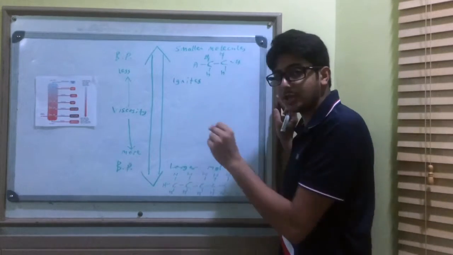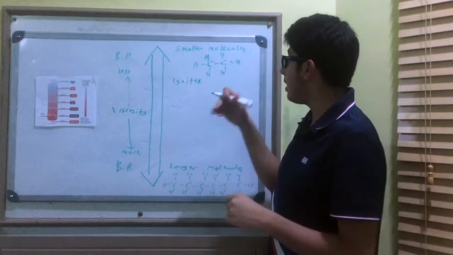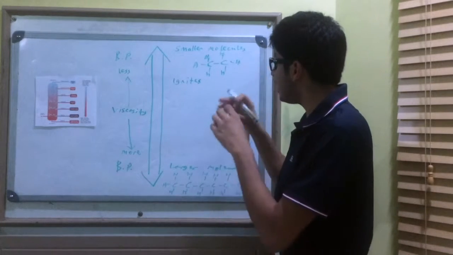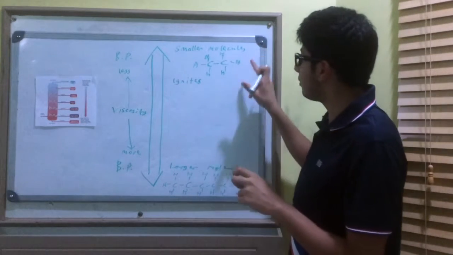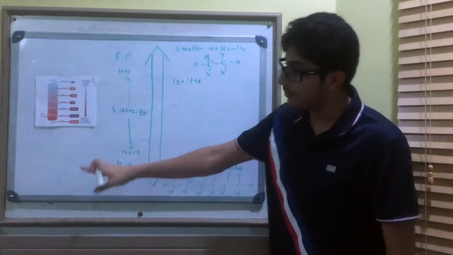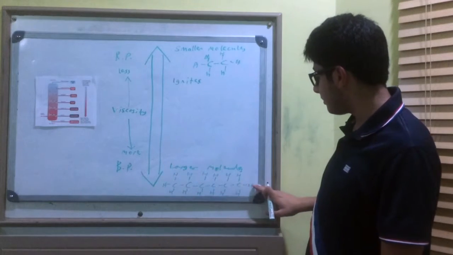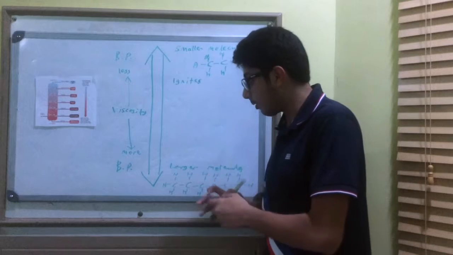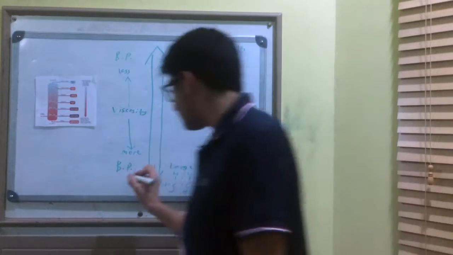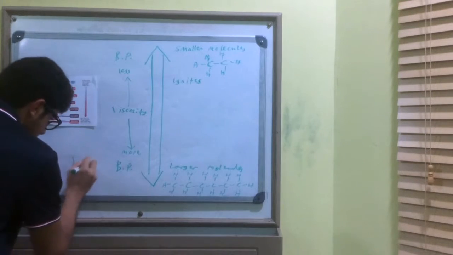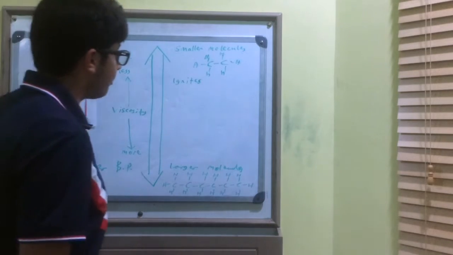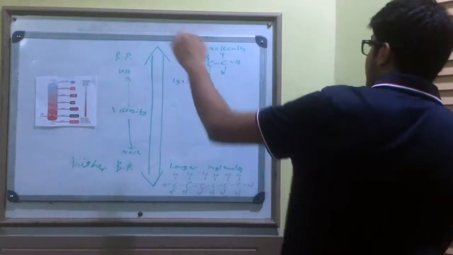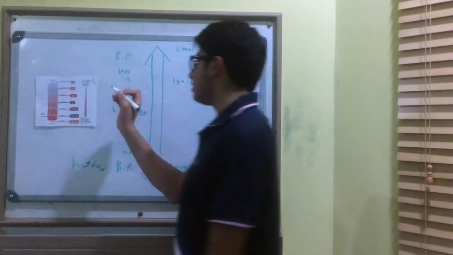At the top of the fractional column, we extract hydrocarbons that have a smaller chain length, smaller molecules, as you can see here. At the bottom, we extract longer molecules, and you would naturally assume that the longer molecules have a higher boiling point, and yes, they do. So the hydrocarbons we extract at the bottom have a higher boiling point. The hydrocarbons we extract at the top have a lower boiling point.